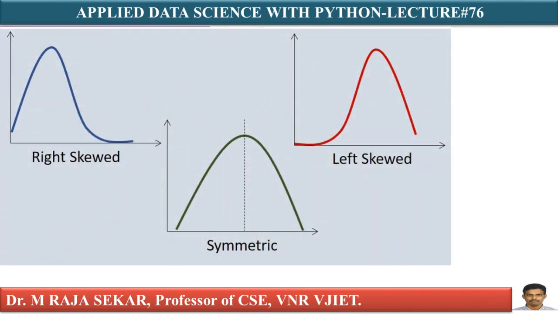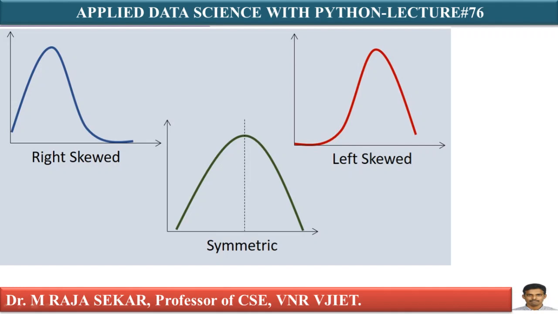Skewness is absence of symmetry. As I told you in my previous lectures, in lecture number 73, that may be left skewed data or it may be right skewed data.